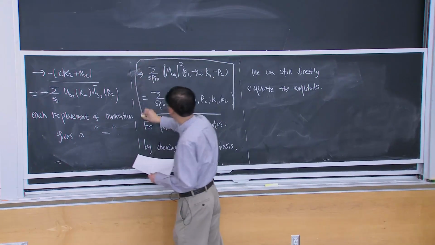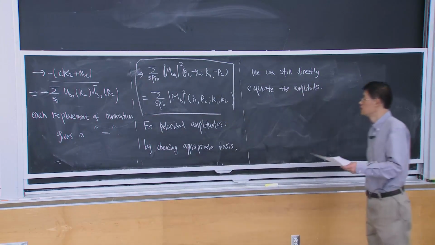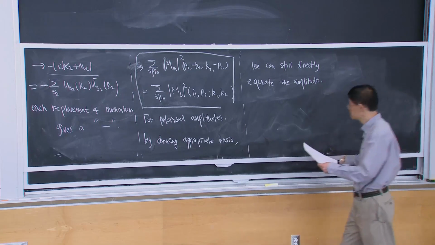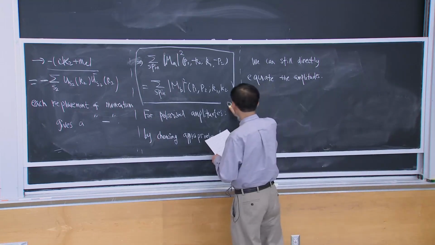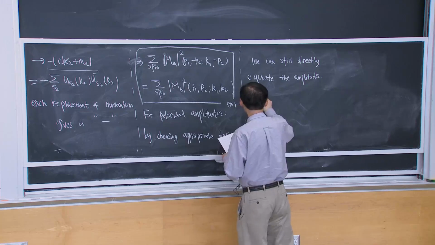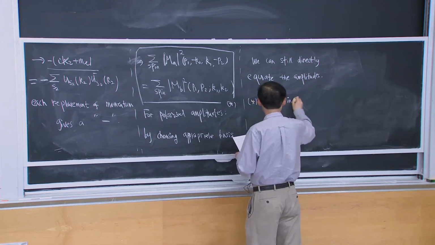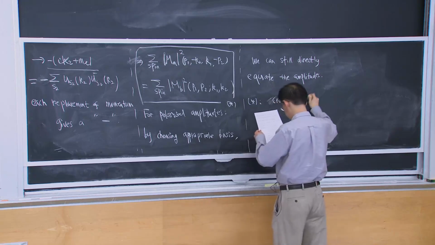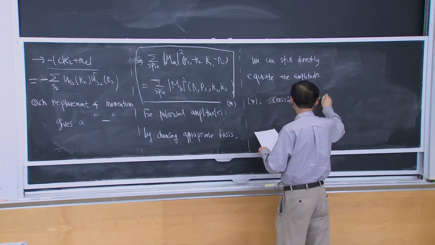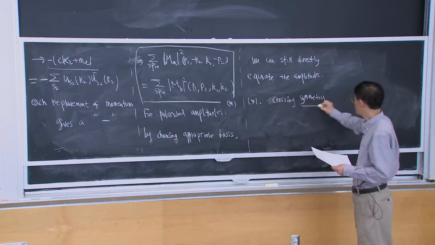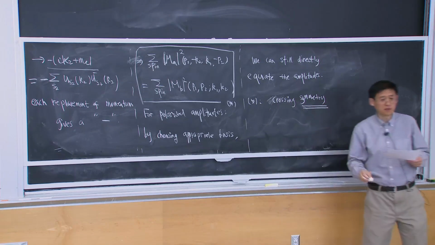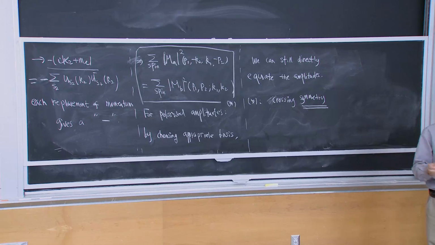So this relation between the amplitudes of A and B, let me just call this star, is called crossing symmetry. Calling it a symmetry is actually a misnomer, because this is not a symmetry.